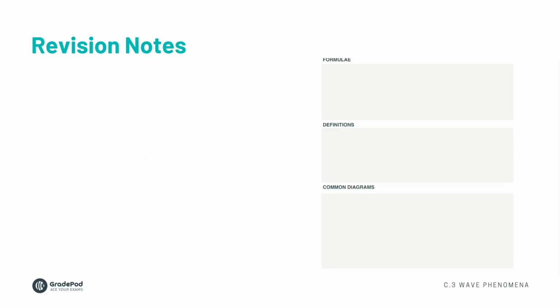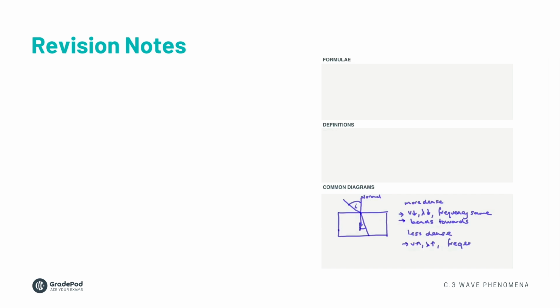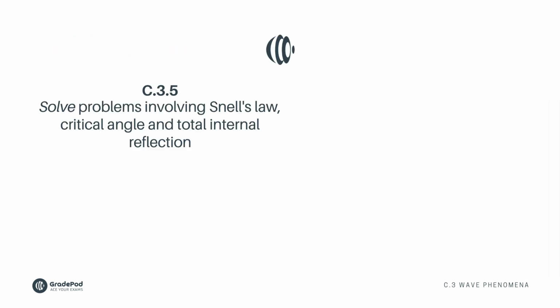So we come to our revision notes, and I'd like you to draw the common diagram of refraction. When light enters a different medium with a different optical density, it changes speed, and we've seen that before.